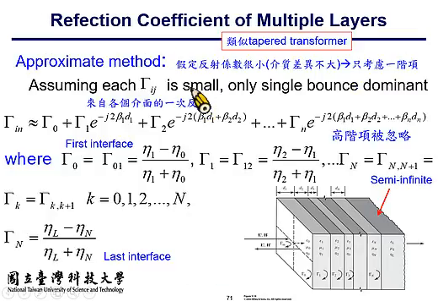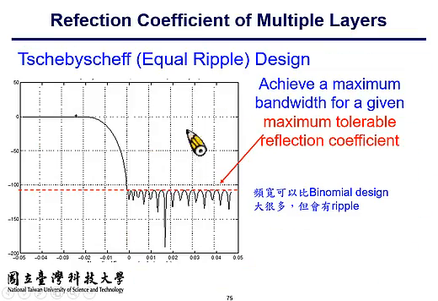But with this design, as you can see, with a higher order Chebyshev design, you can achieve broadband matching.